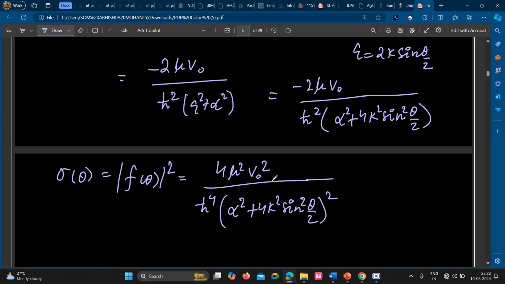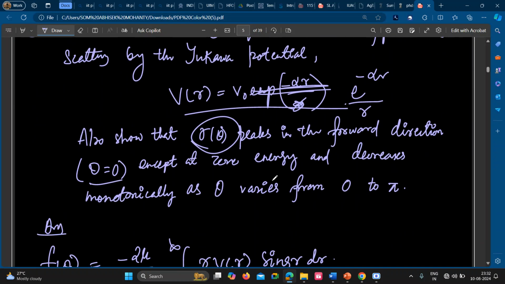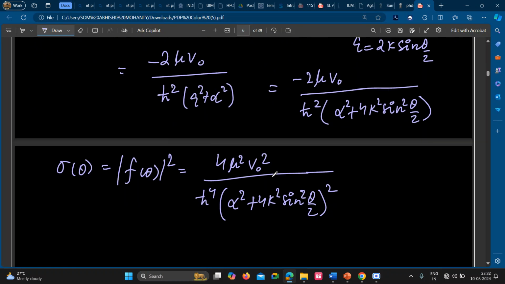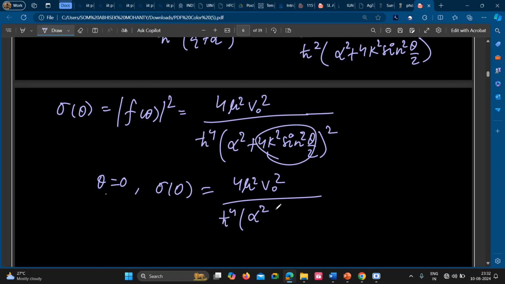But what is the question? The question says sigma theta peaks in the forward direction, that is theta equal to 0. Let's put theta equal to 0. Then I get sigma 0 is equal to 4 mu square V naught square divided by h cut fourth, alpha square, since this whole term becomes 0, so alpha whole fourth.